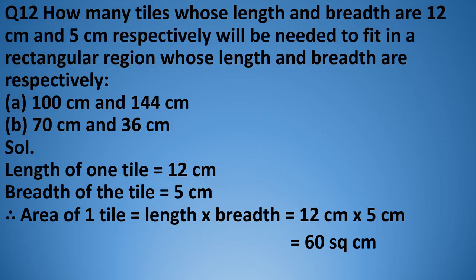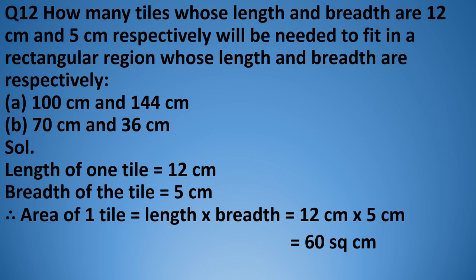See in the question, first of all, the measurement of the tiles is given to you. Length and breadth of the tile is given to you. Length is 12 centimeter and breadth is 5 centimeter. Now you have to tell how many tiles are needed.